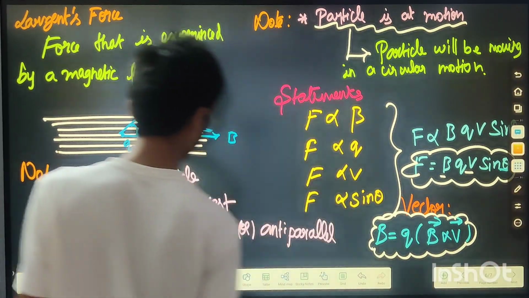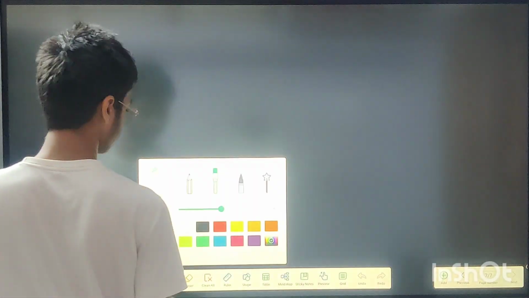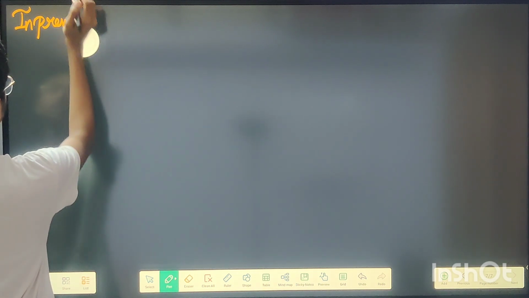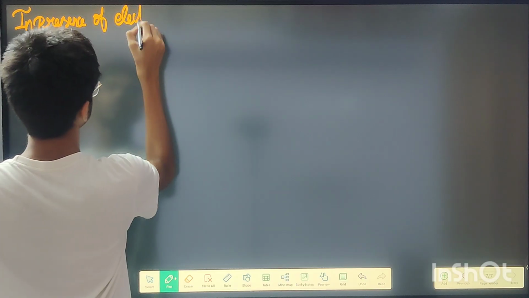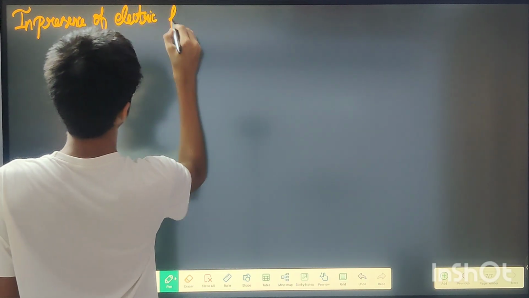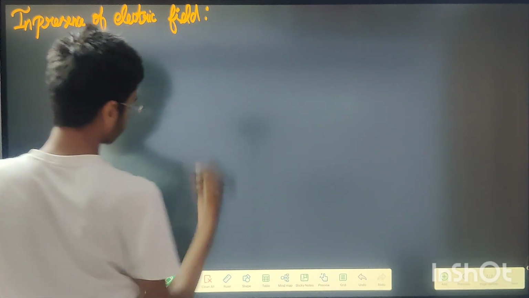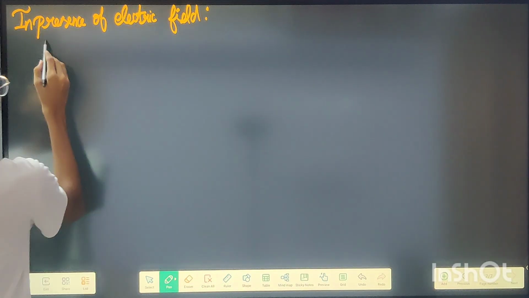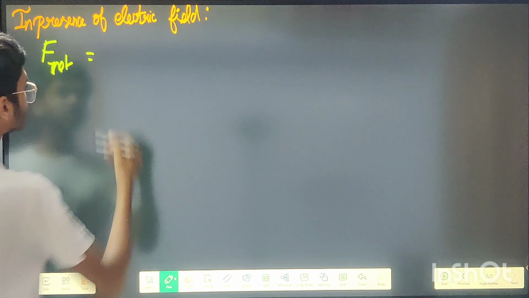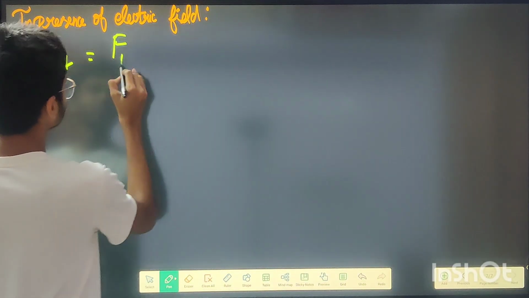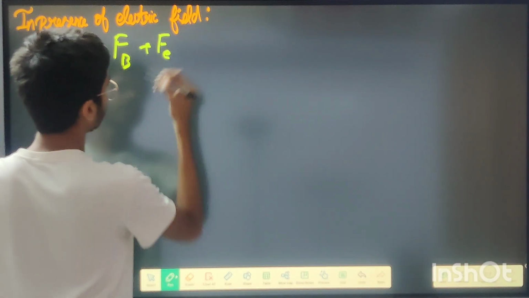Now in presence of electric field, the net force is equal to force caused by the magnetic field plus force caused by the electric field.